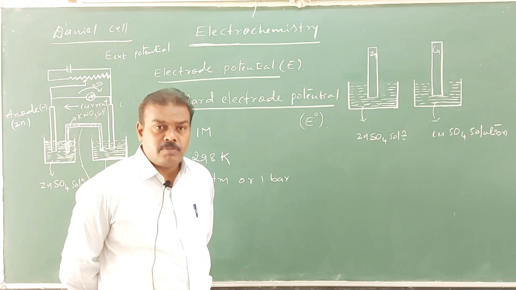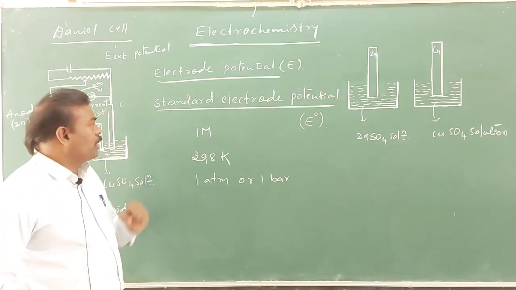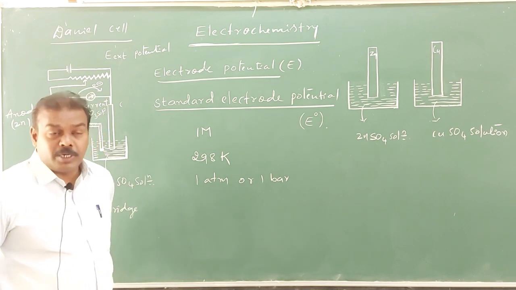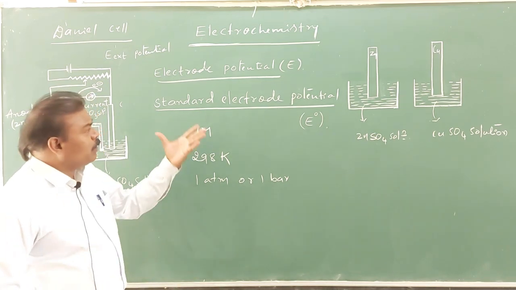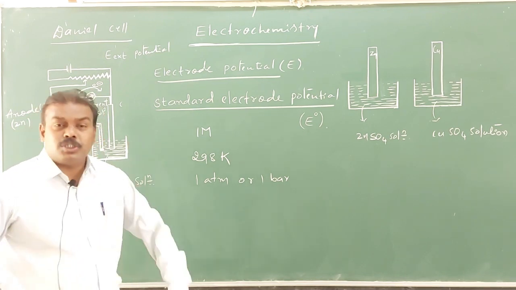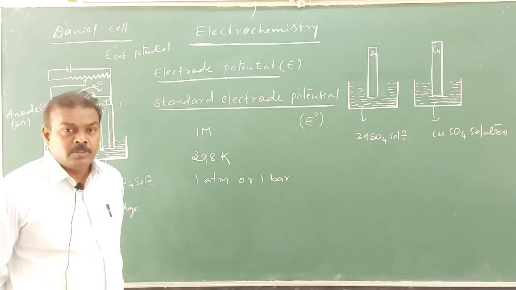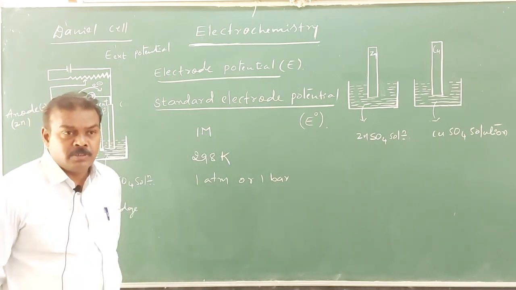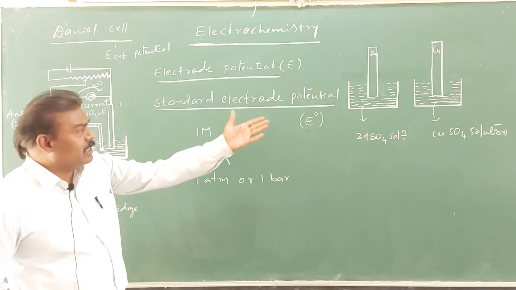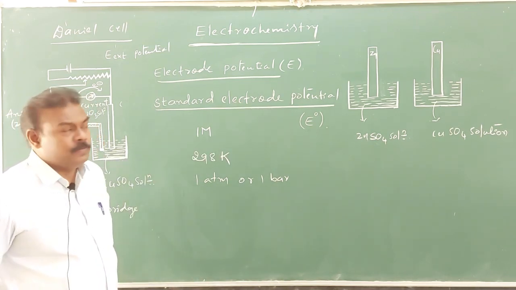Okay. We know the terms electrode potential and standard electrode potential. How that potential is developed in the electrodes can be understood by means of the diagrams shown on the board.